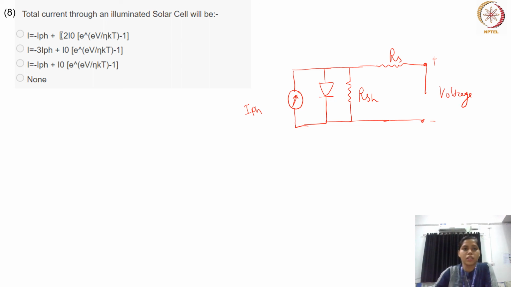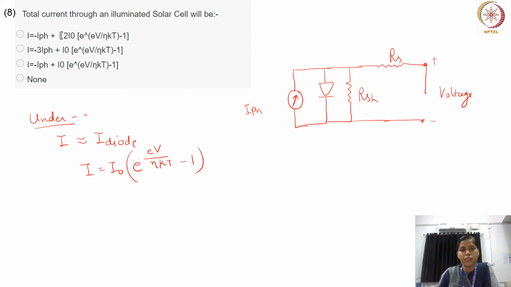Okay, so under the dark condition, the current will be equal to the diode current, and we know that is given by I equals I naught e raised to the power eV divided by eta kT minus 1, correct?